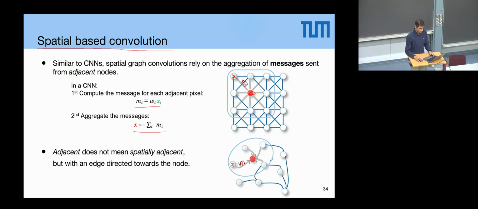But now, W1 was the weight for the node located in the top left corner. As I mentioned before, we cannot talk about top or left nodes because they may have no location in space, or the location can be continuous. So we need to define some more complex ways of computing these weights.